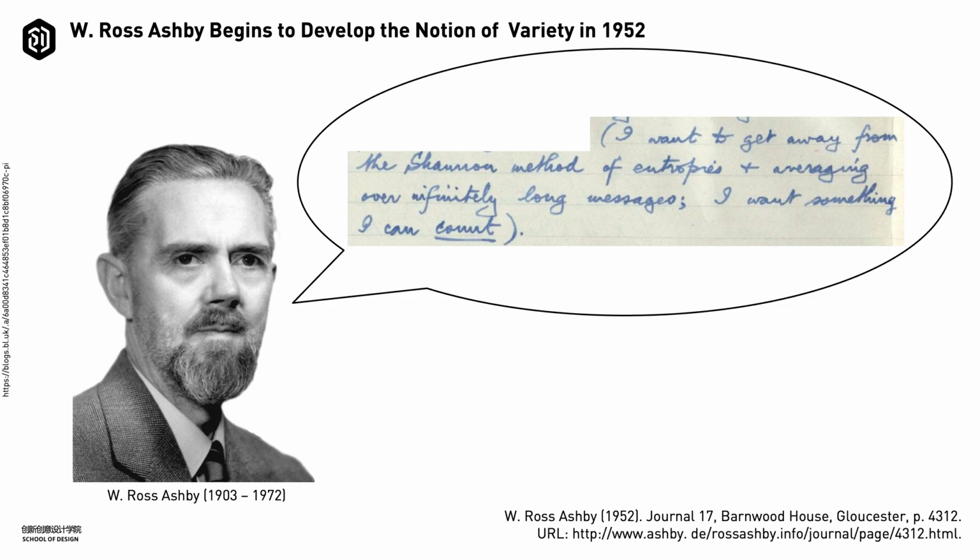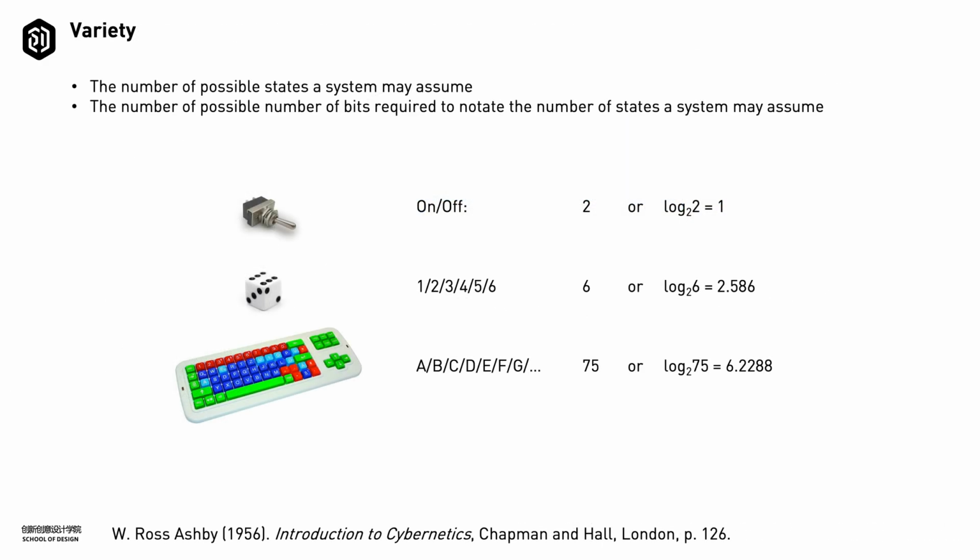Let me give you some examples. If you have a simple on-off switch, like this one, Ashby says it has a variety of 2, because it can have 2 states, on or off. If you have a dice for gambling, that has a variety of 6. It can land on one of 6 faces. If you have a keyboard, let's say a keyboard with 75 keys on it, you could say this has a variety of 75.